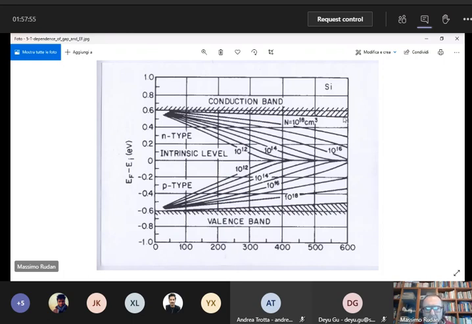So, for instance, consider this one, a curve that is labeled 10 to the 16th, okay? It is the position of the Fermi level for an N-type semiconductor, an N-type silicon. So the Fermi level is above mid-gap.